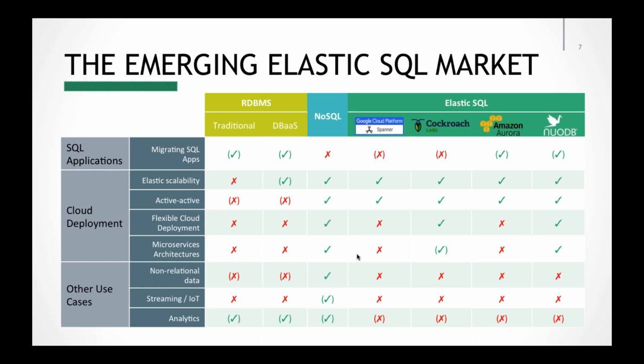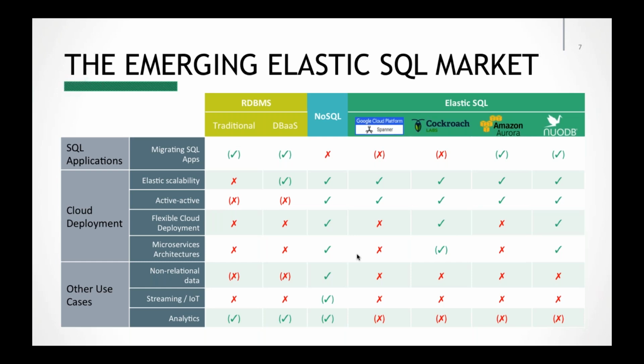So we see a few players in this area, and as we look at these players, some of them will migrate SQL apps easily into them. Others do not. We look at Google Cloud, Google Spanner and Cockroach. They don't do well in this area, but they actually do fairly well in some of the cloud deployment aspects. But then fall off in other use cases.